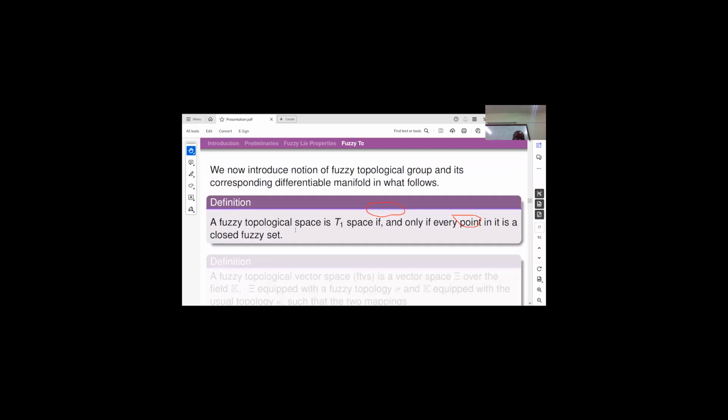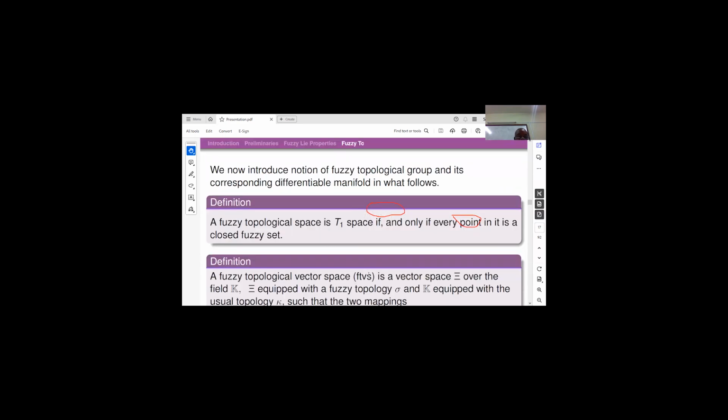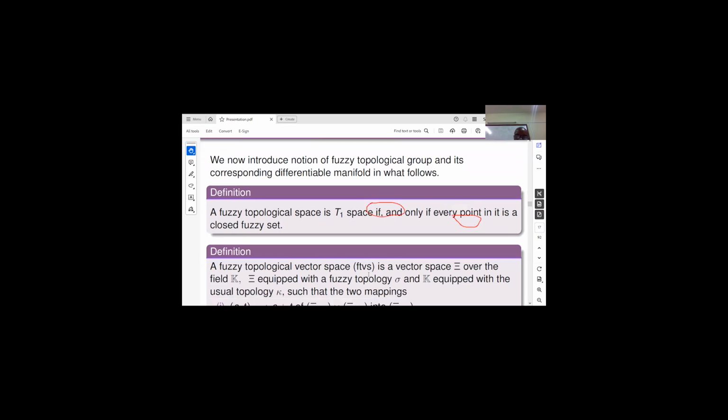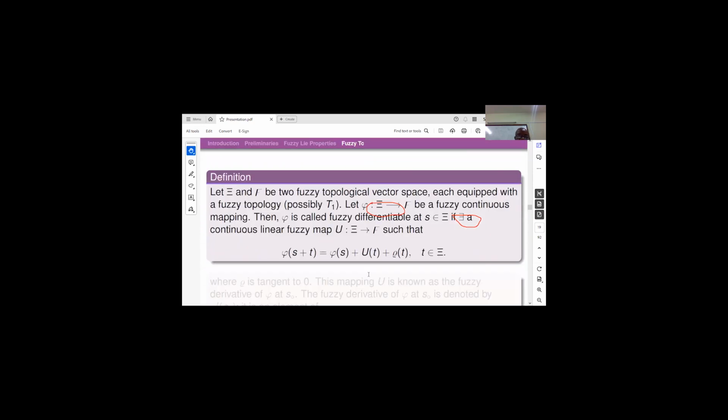A fuzzy topological vector space is a vector space over the field equipped with the topology sigma, such that these two maps are continuous. If we have a topological group, then we must have a fuzzy Lie algebra equipped with such topologies such that these maps are continuous.